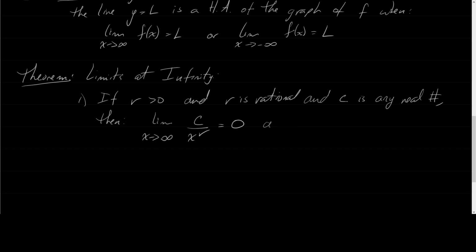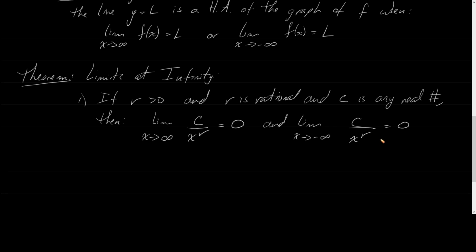The same thing applies when the limit is going to negative infinity. In here we always assume that x to the r is defined for x being less than 0. In other words, we want to make sure that the denominator is not 0.